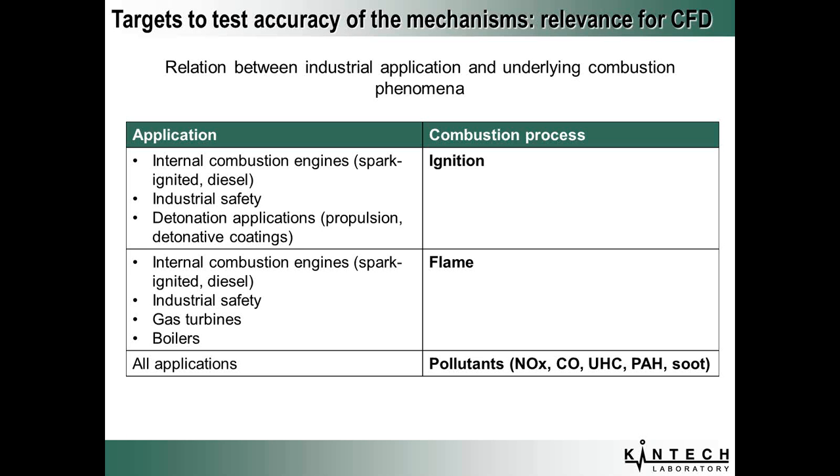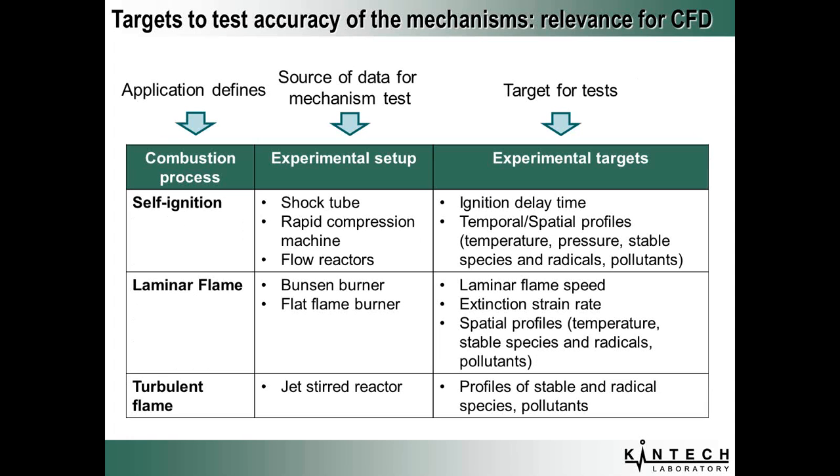And our task is to simulate these phenomena with a good combustion mechanism. But what does good mean? So then, to answer the question, is the mechanism good or not, first of all, we need to identify how we will test this mechanism.